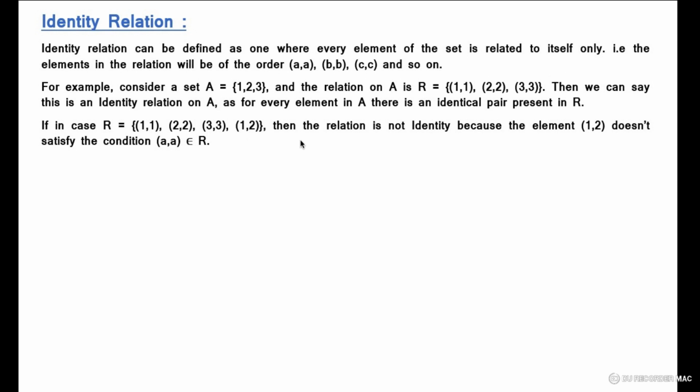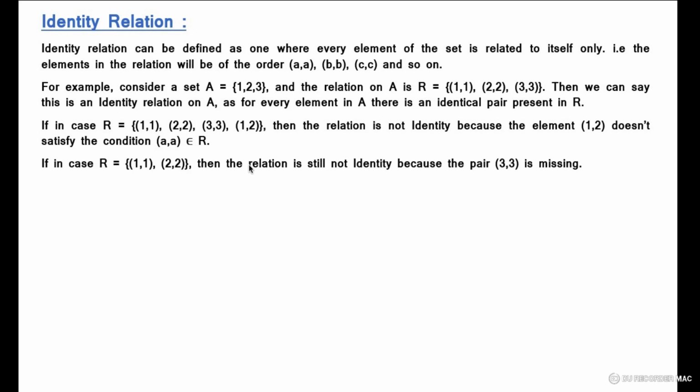No, because this relation is not identity, because the element (1, 2) doesn't satisfy the condition (a, a) belonging to R. So for this pair (1, 2), here a is 1. For an identity relation, you need to have only the identical pair. This has to be 1. But since this is not 1, this is a different element. So this doesn't satisfy the condition, and this example is not an identity relation.